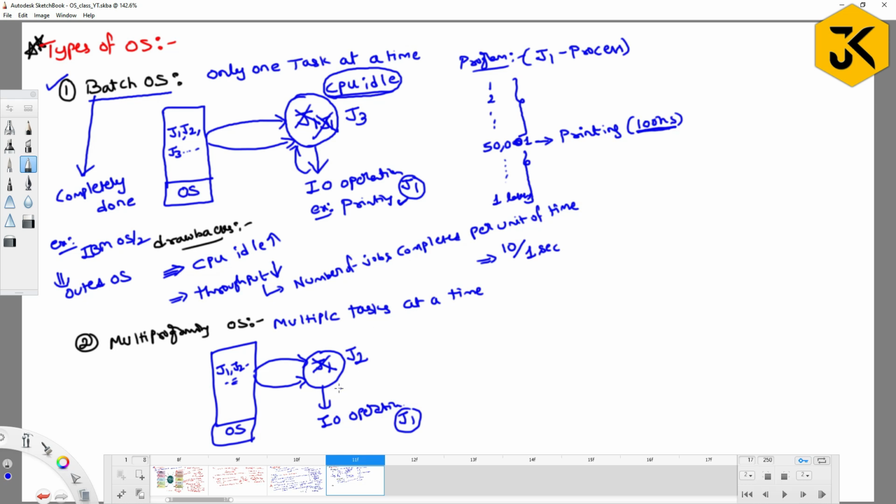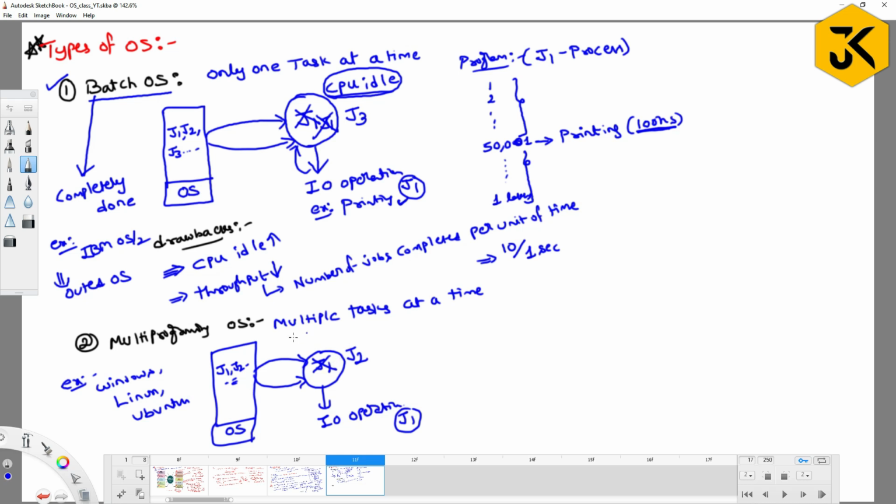Right? When a particular job is leaving the CPU to perform a certain kind of IO operation, we are not going to make the CPU idle here. The best example for this one is all kinds of operating systems that we work with now: Windows, Linux, Ubuntu, all of them come under this kind.